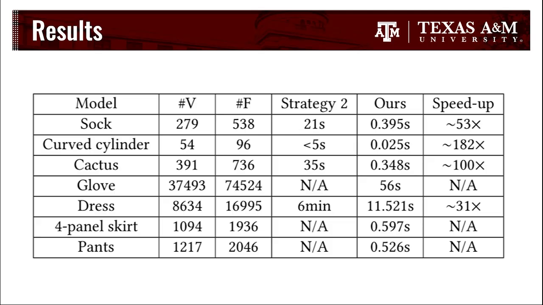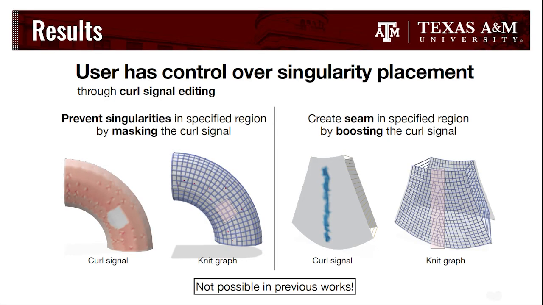There's also a quantitative comparison to the authors' prior work, which uses a mixed integer approach. We can say it shows an enormous speedup across all kinds of fabrics. For those garments that computationally timed out, this method can handle them in less than a minute. Furthermore, the method supports intuitive user control as well, which is not possible in previous works.